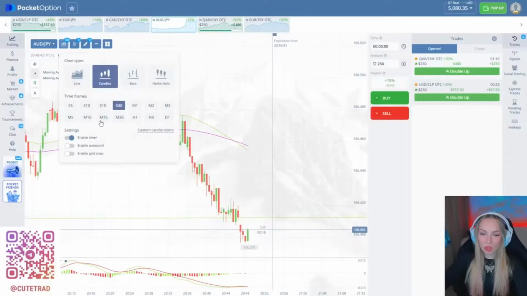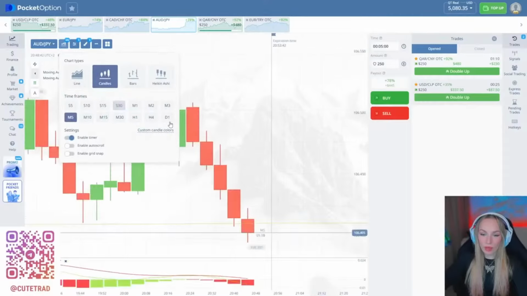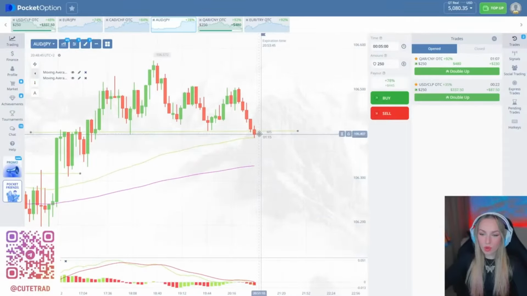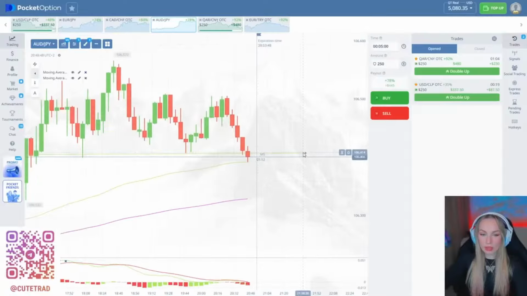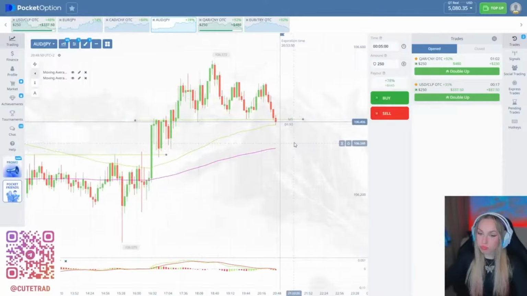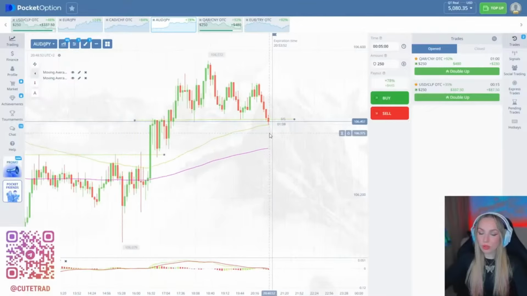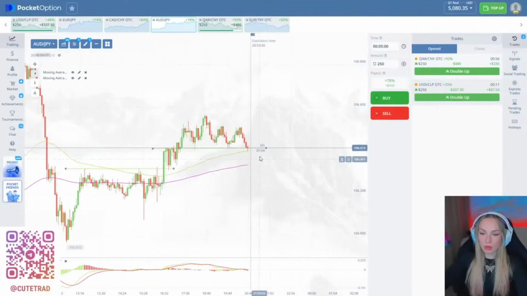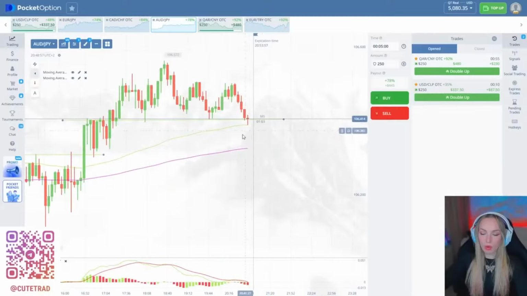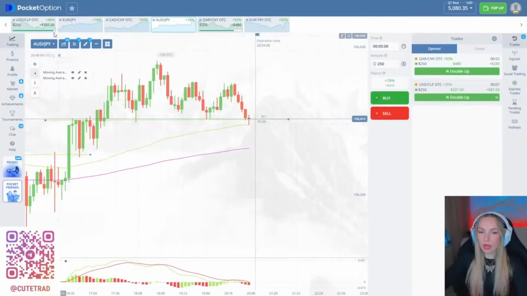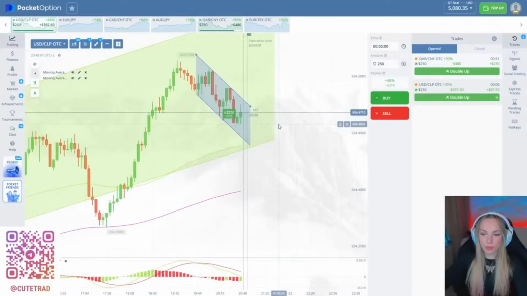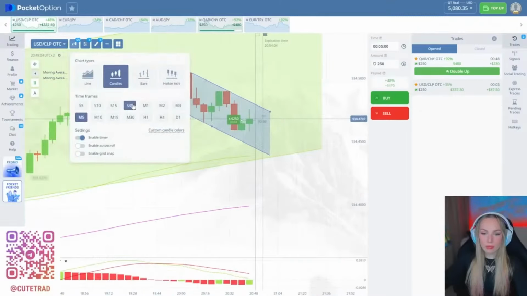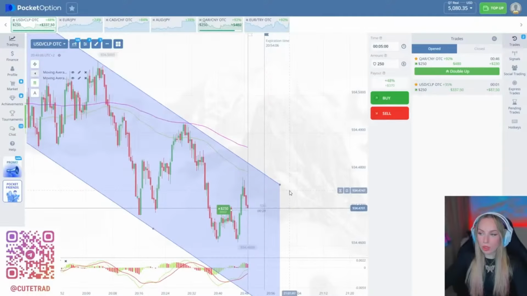Oh, AUD JPY, by the way, reached the support and even started breaking it. Interesting. It can break it, or we can maybe open the trade here soon in the upward direction. Okay, USD, how it goes.